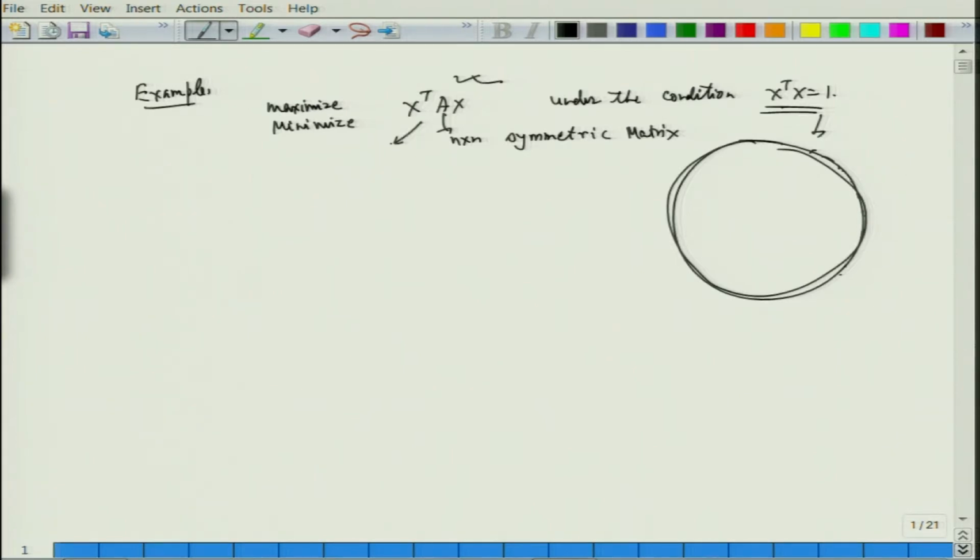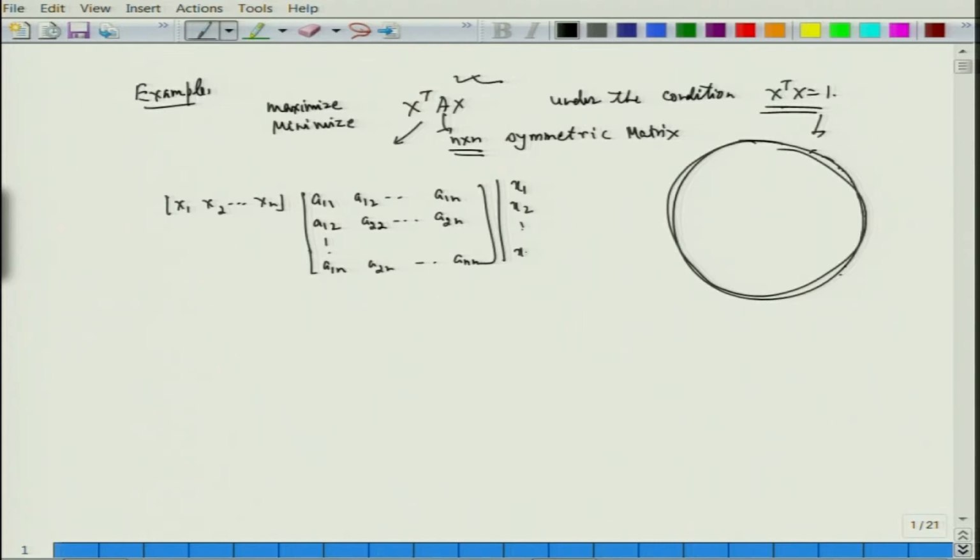Now, if you look at this function, this is nothing but (x1, x2, ..., xn) times the matrix with rows (a11, a12, ..., a1n), (a12, a22, ..., a2n), ..., (a1n, a2n, ..., ann), and I am assuming it is symmetric, times (x1, x2, ..., xn).